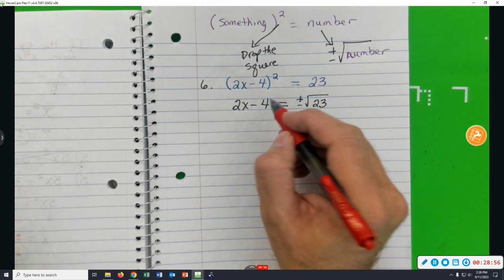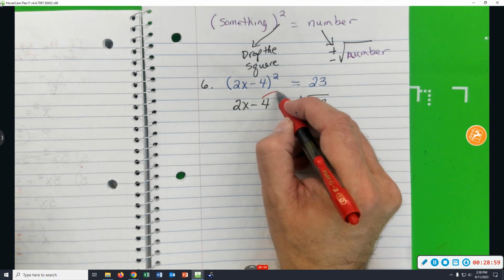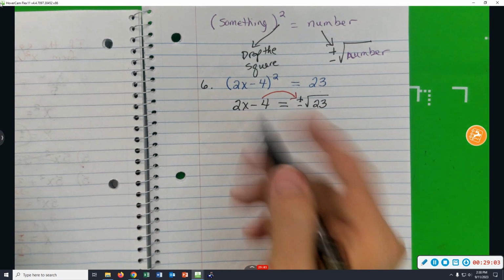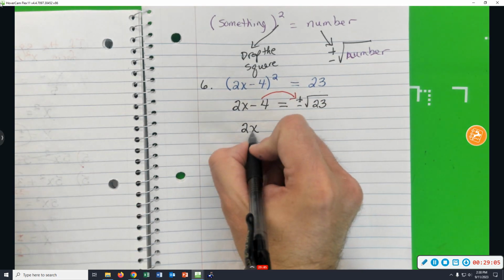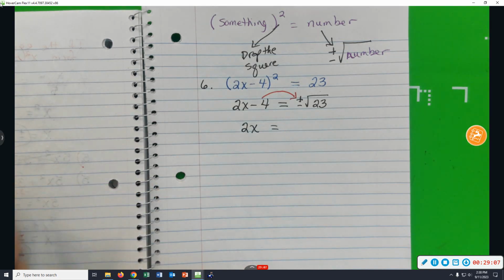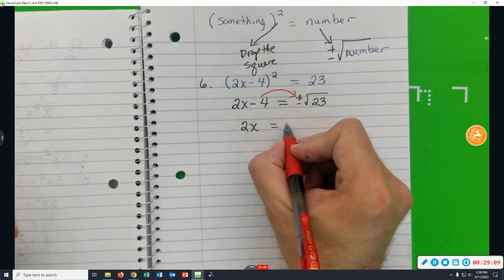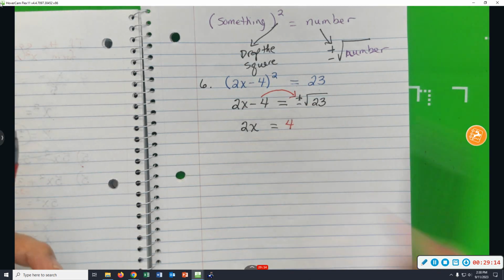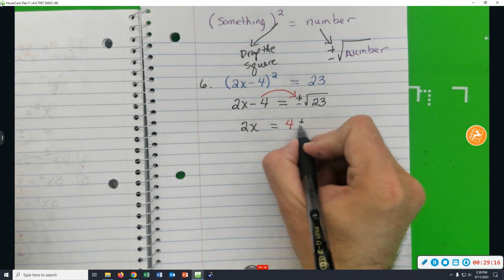Add 4 to both sides. I'm going to do that little thing I do with the arrows. So on the left, I just have 2x, and I'm adding 4. So I'm going to put that 4, a positive 4, in front of the plus minus square root of 23.